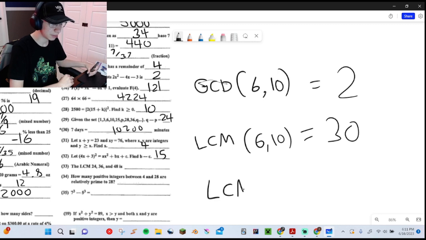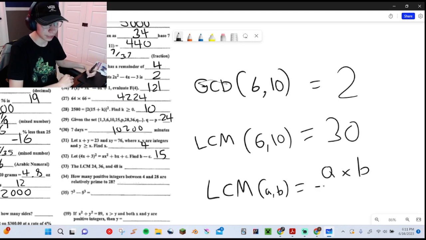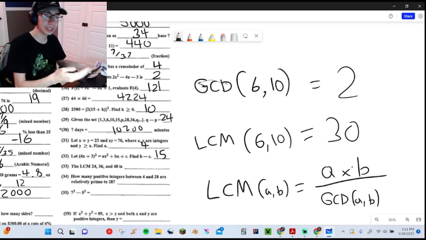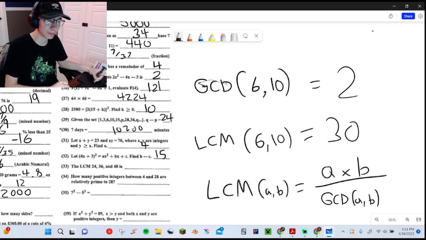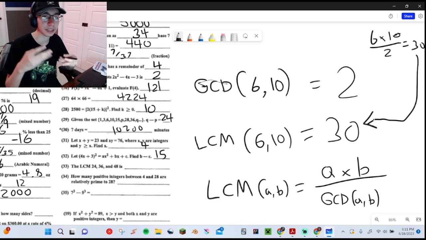The LCM of two numbers, A and B, is equal to A times B divided by their GCD. And it's true in this case as well. We could test it out. 6 times 10 over 2, since we found their GCD was 2, that's 30, which is what we got for our LCM.